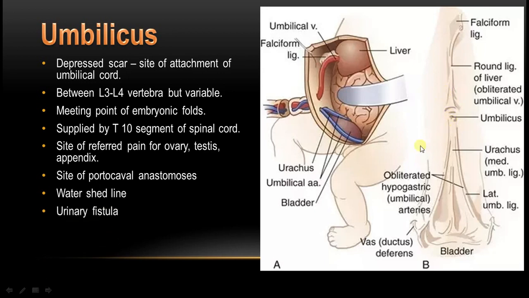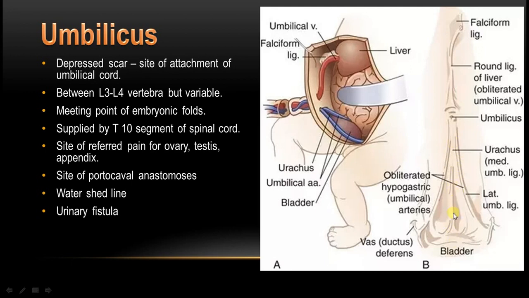It is also a common site of urinary fistula. So this is your urinary bladder, and to the umbilicus there is an extension called the allantois. This allantois should get obliterated and be represented by a ligament in the midline, called the median umbilical ligament.